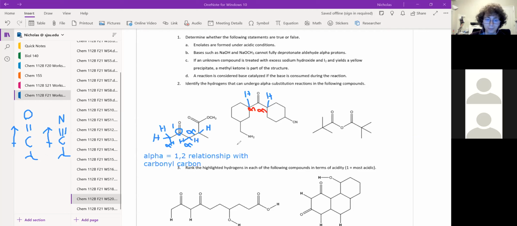What makes the alpha spots on ketones and other carbonyls special is that when you form the enolate, it has that resonance form with the carbonyl because there's a negative charge right next to a double bond. That resonance stabilizes it, so it made it possible to form the enolate in the first place.